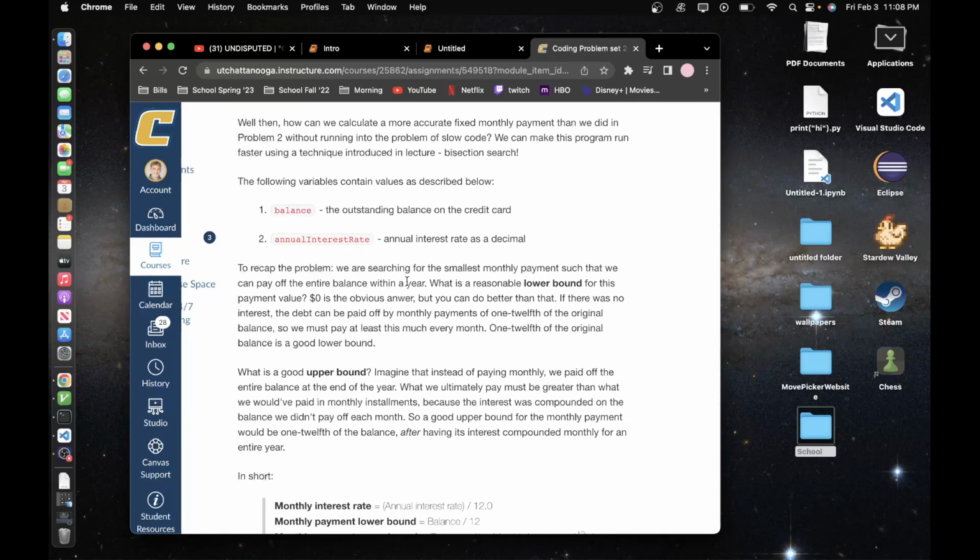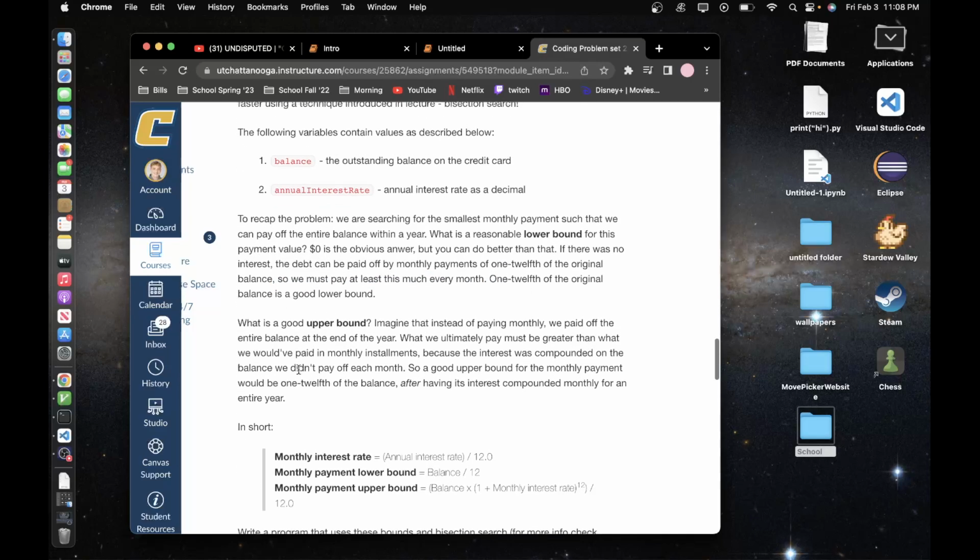Recap the problem. We are searching for a smallest monthly payment such that we can pay off the entire balance within a year. What is a reasonable lower bound for this payment value? 0 is the obvious answer, but you can do better than that. If there is no interest, the debt can be paid off by monthly payments of 1/12 of the original balance. Pay at least this much every month. 1/12 of the original balance is a good lower bound.